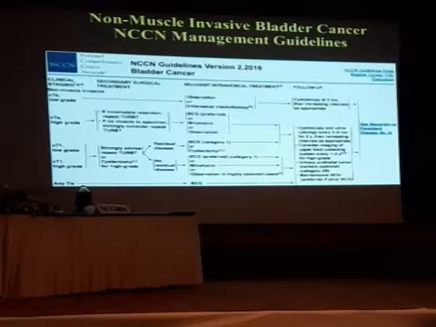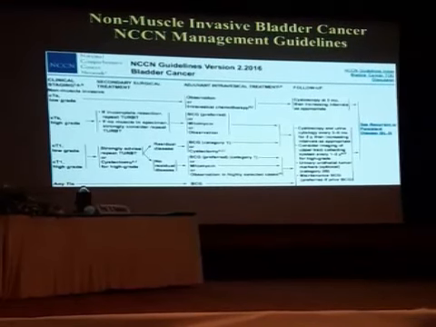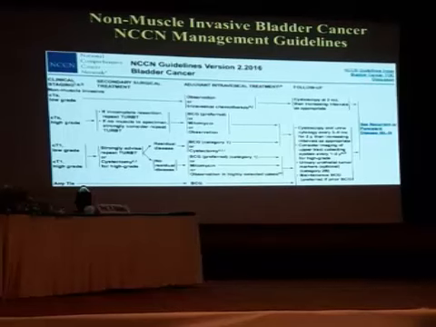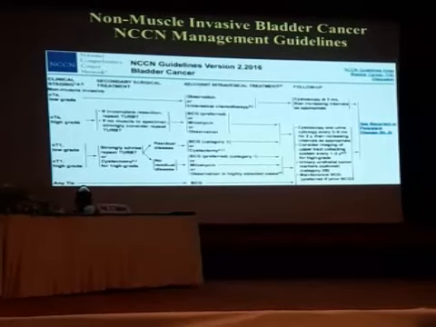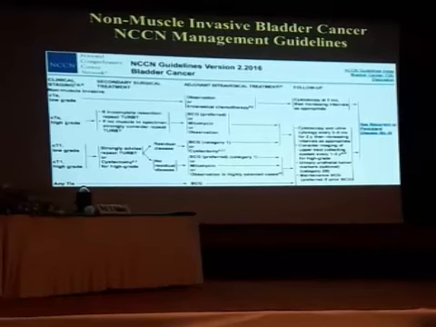In the past, that was an automatic indication for an exploratory laparotomy, going in and repairing it. If it was a small injury, you could maybe watch it, manage it conservatively. But if it was a large injury, I would go in and fix it. I would close it. I would not do a cystectomy at that time.